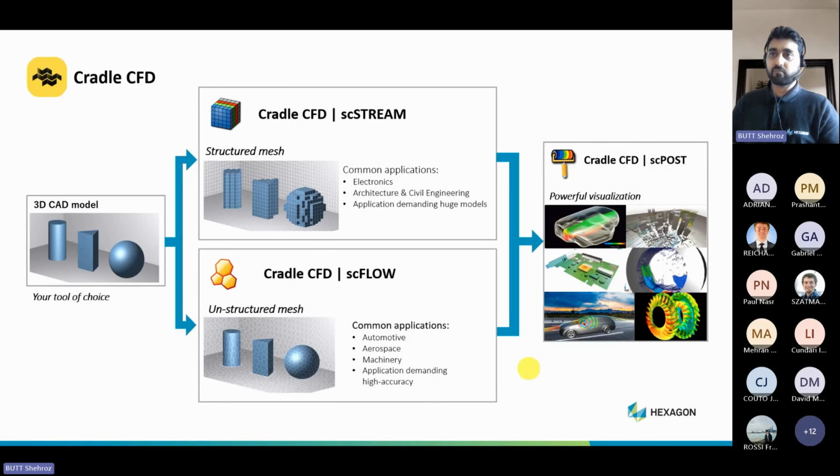Okay, so in general, Cradle CFD is divided into 2 modules. Those are SC Stream and SC Flow. The difference between the two is related to how the mesh is generated. For SC Stream, we use an orthogonal structured mesh, where you can apply a very large number of components, and the simulation speed is very fast.